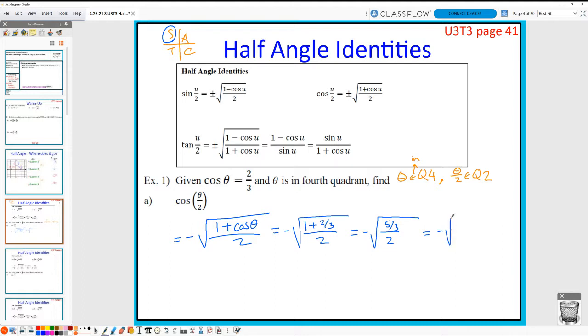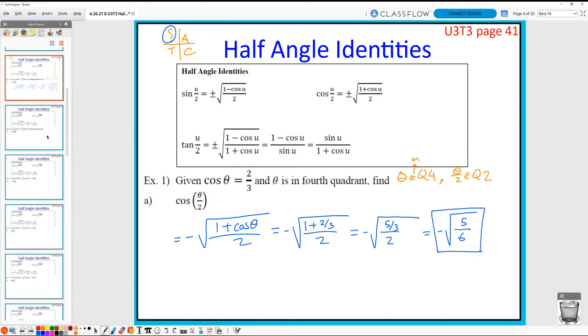So once I've simplified everything, my final answer is negative root 5 over 6. So I know that the whole lesson in the beginning is just for this negative sign, but obviously that's a huge deal. Positive root 5 over 6 is very different than negative root 5 over 6.